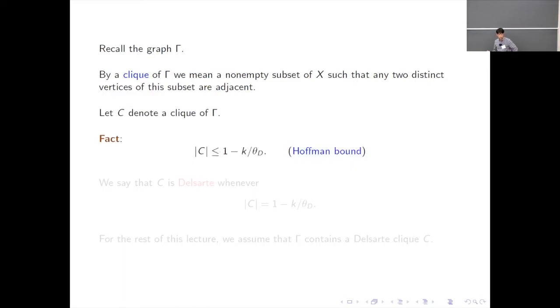Then it's well known that the size of C is bounded by the quantity we call the Hoffman bound or Delsarte bound. We say our clique is Delsarte whenever the cardinality of this clique attains the upper bound. Just assume that our graph contains the Delsarte clique C.